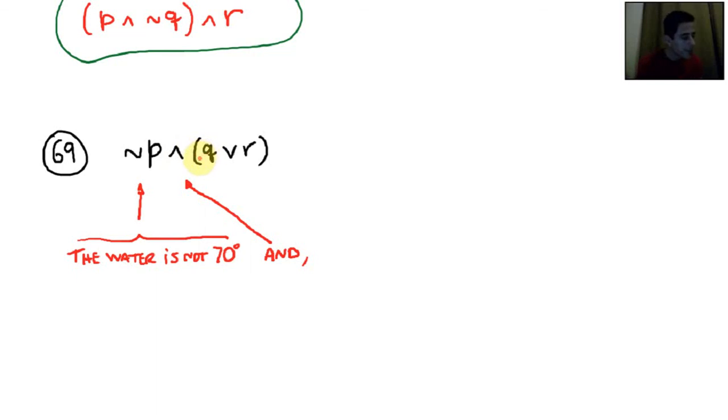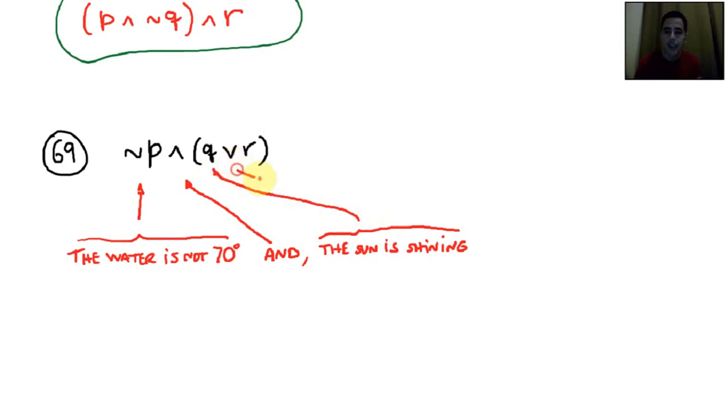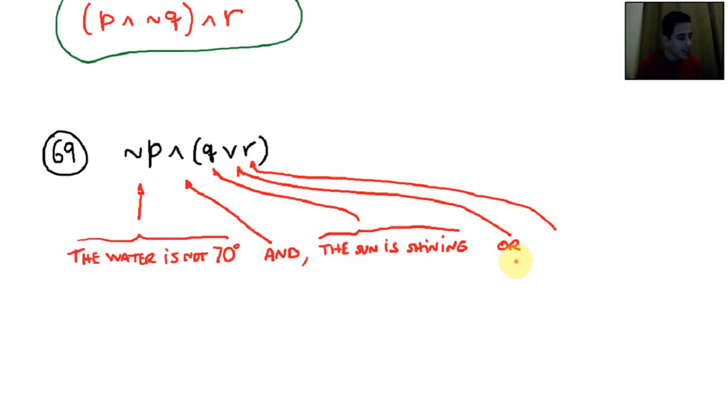Q is the sun is shining. Then notice that we have the connective or, and the last statement R, we go swimming. So that's the statement: the water is not 70 degrees, and the sun is shining, or we go swimming.